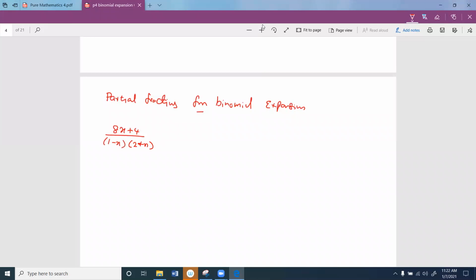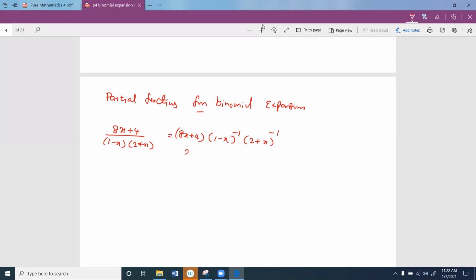They ask you to do the binomial expansion of this. If you don't want to use partial fractions, you have to put 8x plus 4 times (1 minus x) to the power minus 1 binomial, times (2 plus x) to the power minus 1 binomial. Suppose you need to find the expansion up to x to the power 3.